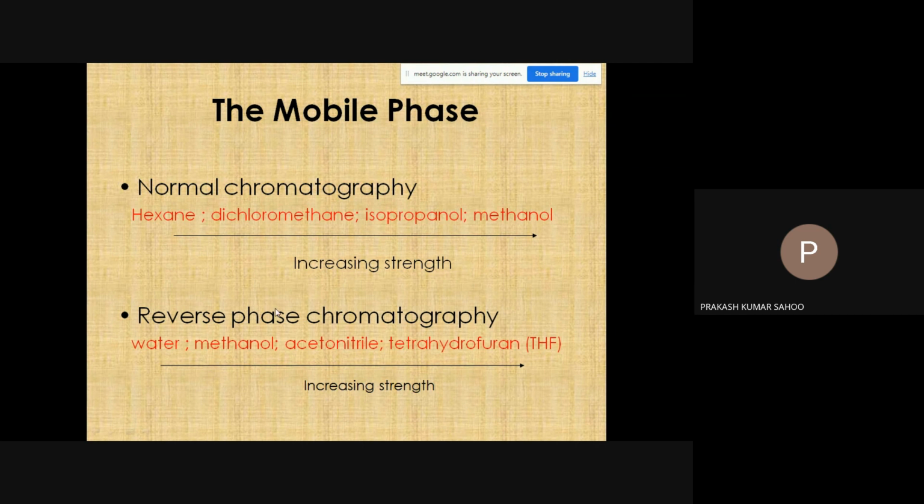In the reverse order, it will be water, methanol, acetonitrile, and tetrahydrofuran. So in the right hand direction, the polarity goes down, it is non-polar. So this is your reverse phase chromatography. That is, the polar part has the least priority, and the non-polar part has the highest priority.